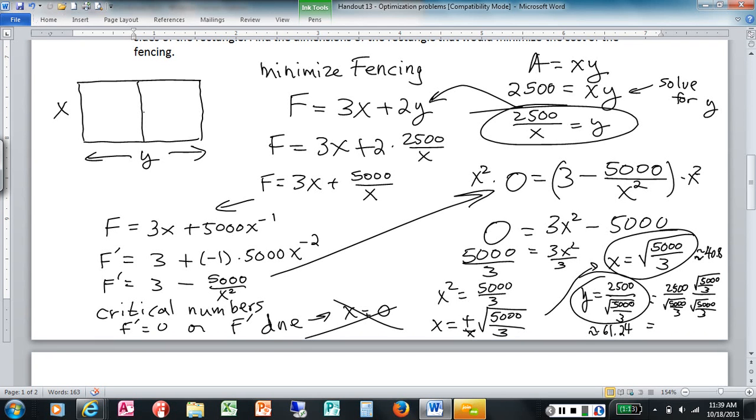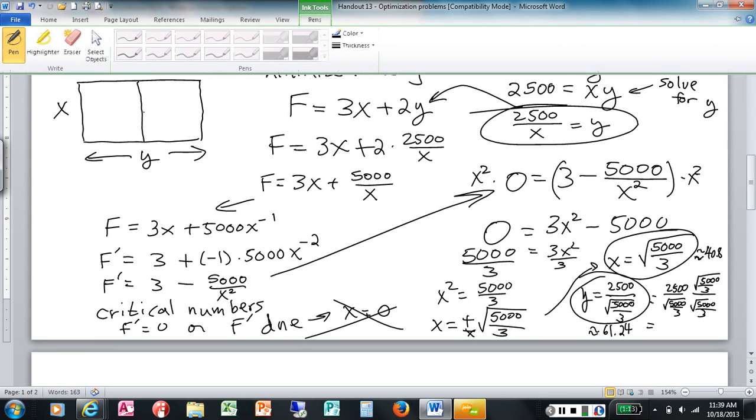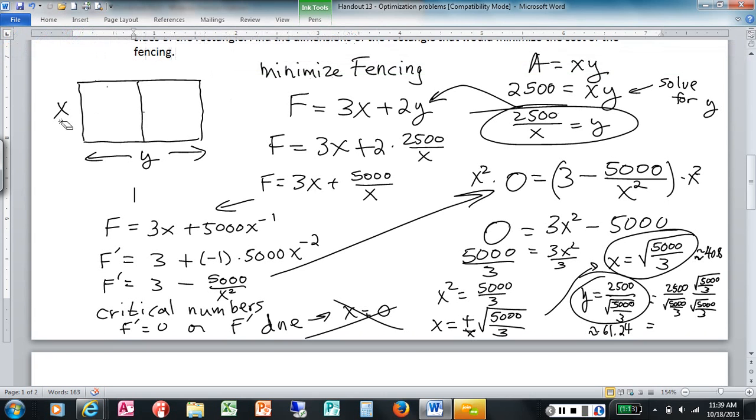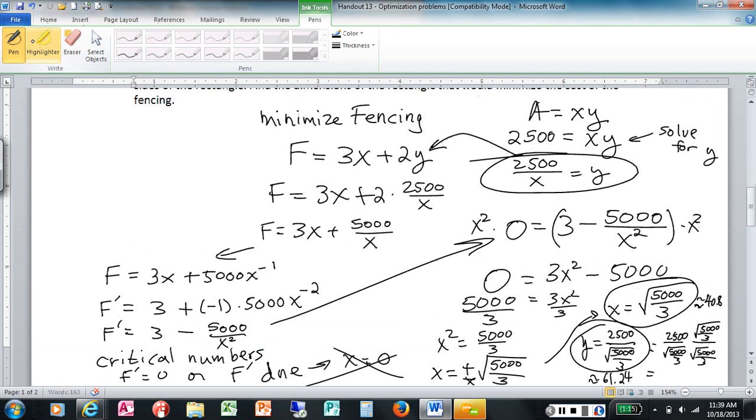If I can find my eraser. Okay. So I've got 2,500. So the top, y is going to be 2,500 times the square root of 5,000 over 3, and I'm just going to leave that as is. The bottom would be the square root of 5,000 over 3 times the square root of 5,000 over 3, which would be 5,000 over 3, wouldn't it?